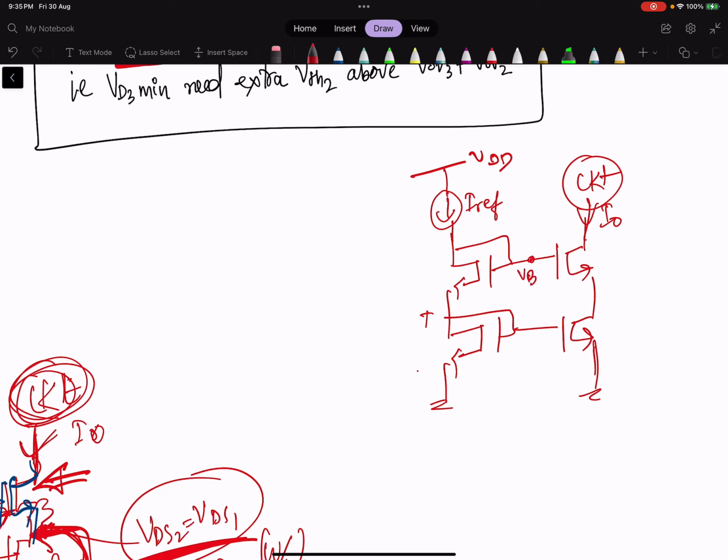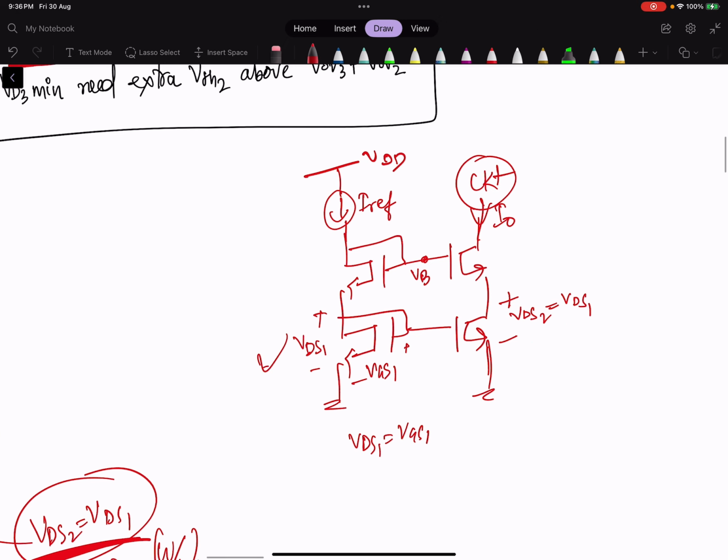So here we have VDS1, VGS1. VDS1 is equal to VGS1, and we made VDS2 equal to VDS1, because we have this value in our hand because of the diode-connected device, that is the value of VGS1 and VDS1, and accordingly we made this VDS2 using VB.